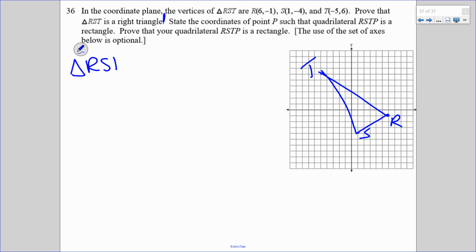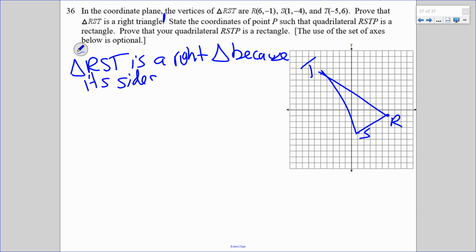Triangle RST is a right triangle because its sides fit into the Pythagorean theorem. You have to write this out. You can't just do the math.